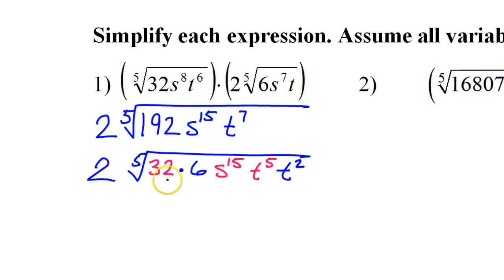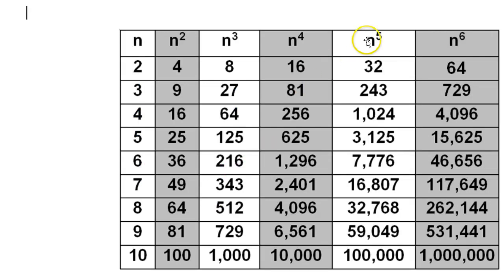Now everything you see here in pink can be simplified and brought outside of the radical, out front. So let's do that. That 32, the fifth root of 32 is 2. Again, we're getting that off the table.